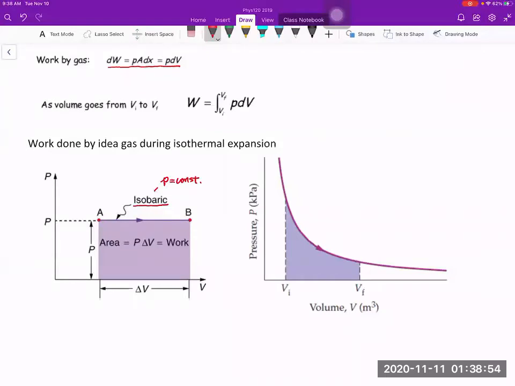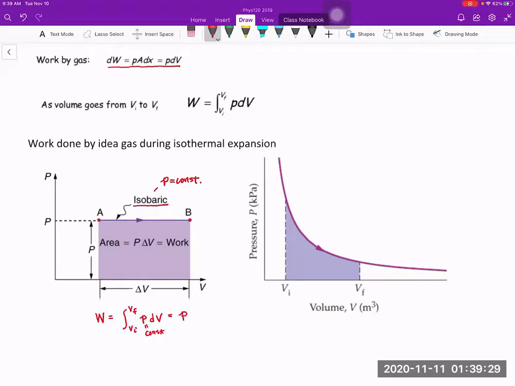If that is the case, then we look at the work done by the gas. What that tells you is we change from some initial volume to a final volume, and our pressure is a constant, and we have to integrate with respect to the volume. Now this is a constant. If you integrate with a constant, you can take the constant out.